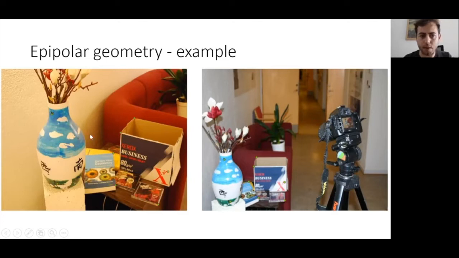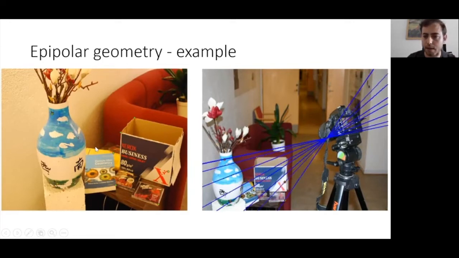And we also see some point correspondences. For example, this point corresponds to this point, and this corner corresponds to this corner, and so on. And then we just plot the corresponding epipolar lines to the points that we see here. So let's see them. You can see all the corresponding epipolar lines.